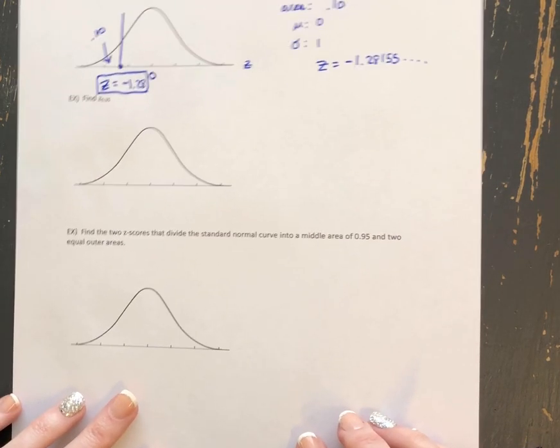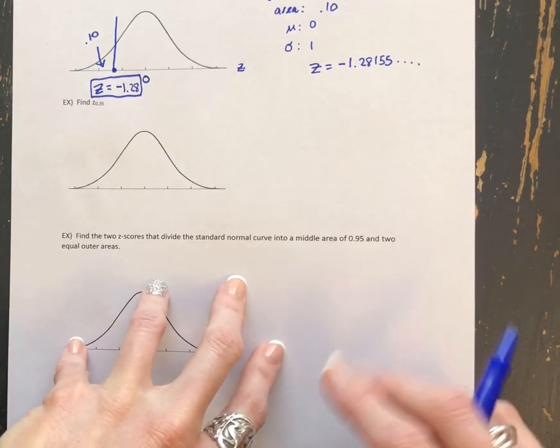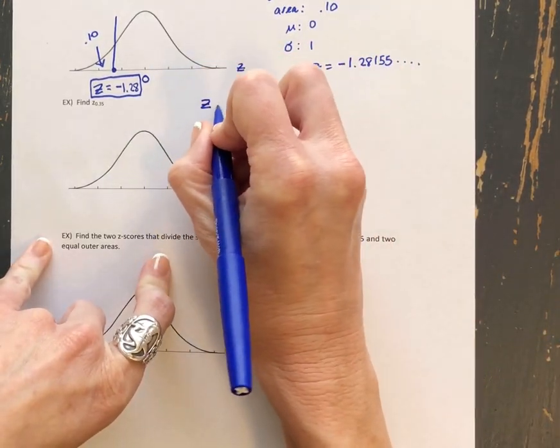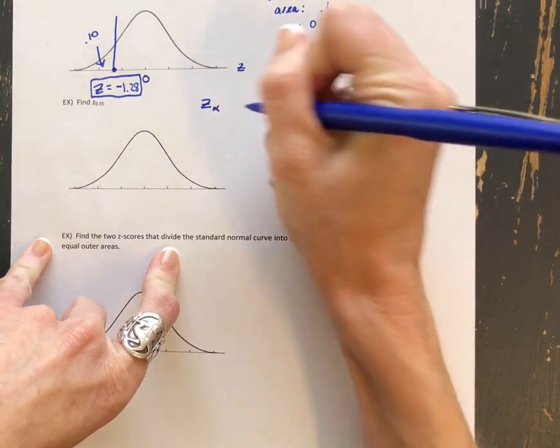This one we have some new notation that we need to get comfortable with. This is called z sub alpha notation.